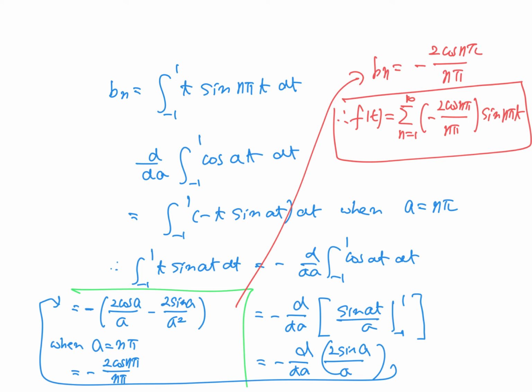Sometimes I might forget the extra factor, minus or plus, whatever. Yes, 2 cosine over n pi. There are many exciting problems. So this property is a very useful tip.